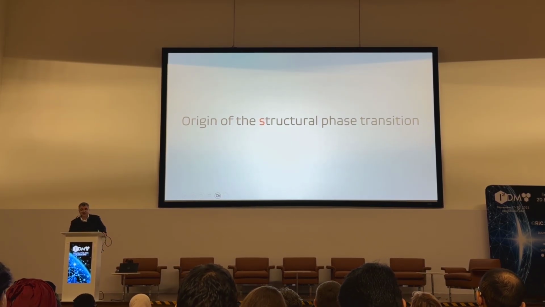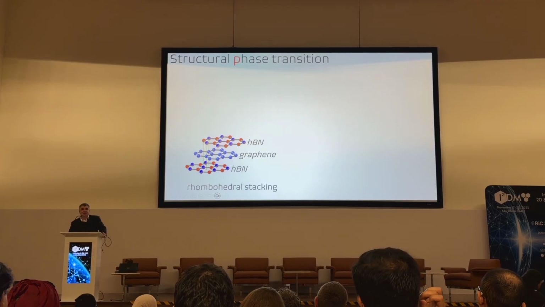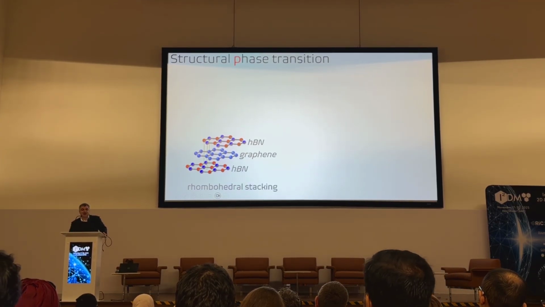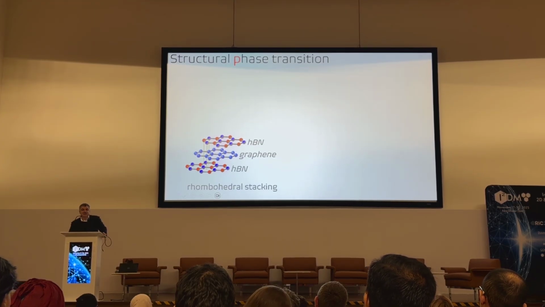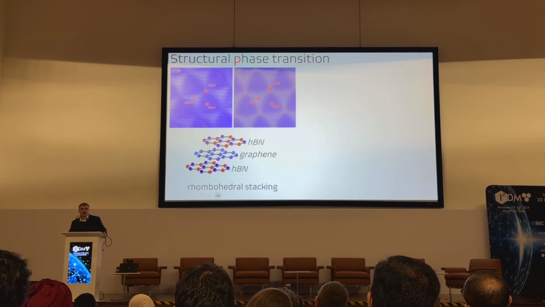phase transition. As I said, if you have a doubly aligned system, it's kind of akin to your tri-layer graphene, and you can imagine that it can exist in two different high symmetry configurations, and we actually can see those in our STM imaging.